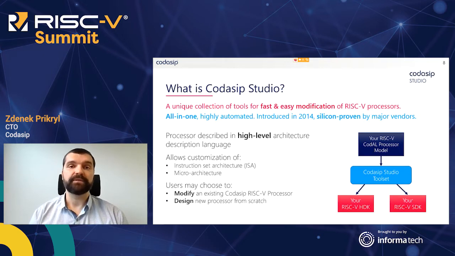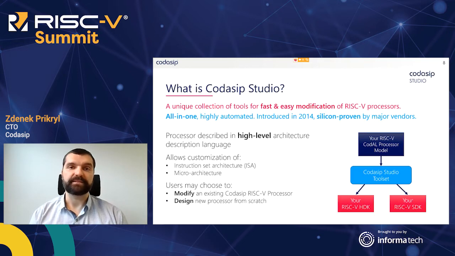And this is exactly the reason why we created Codasip Studio. So basically, it's a tool that allows you to do the customization in the most efficient way that you can have. The input to the studio is a processor description in a higher level description language.